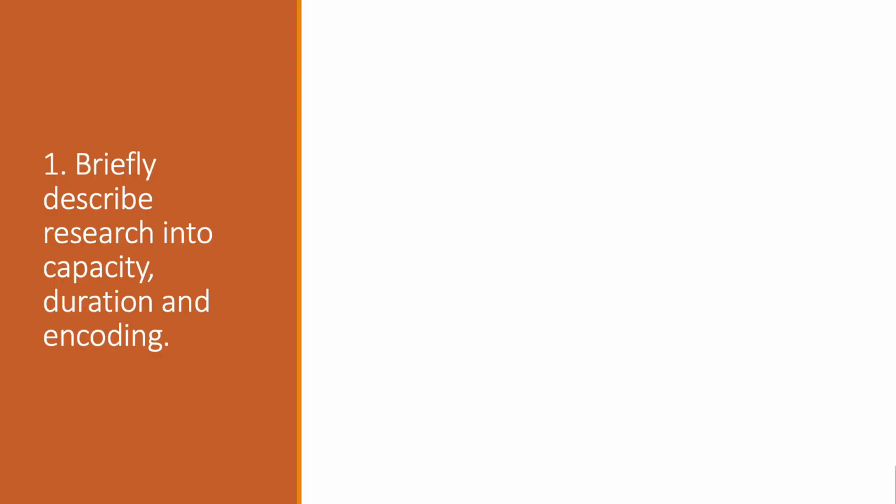Okay, so the first question was, briefly describe research into capacity, duration and encoding. So this feels like we did it ages ago. So let's quickly refresh our memories. Research into capacity was done in 1887 by Jacobs, and he used a digit span test.